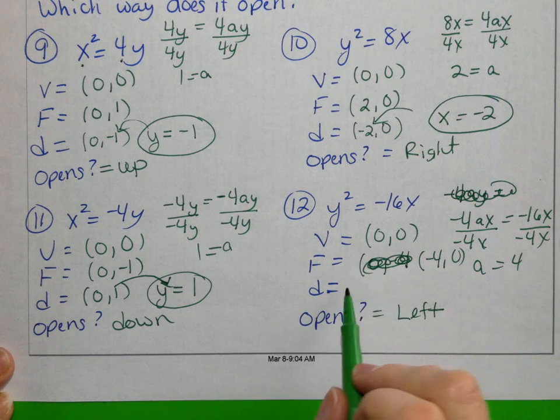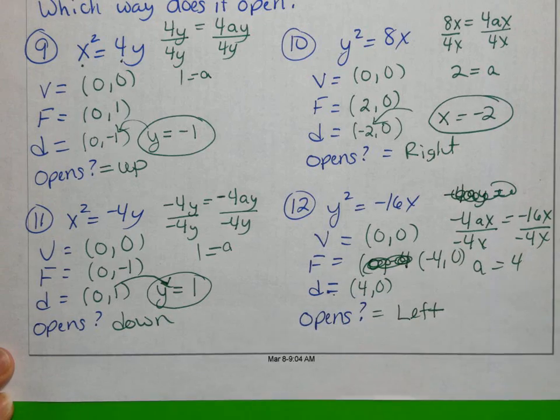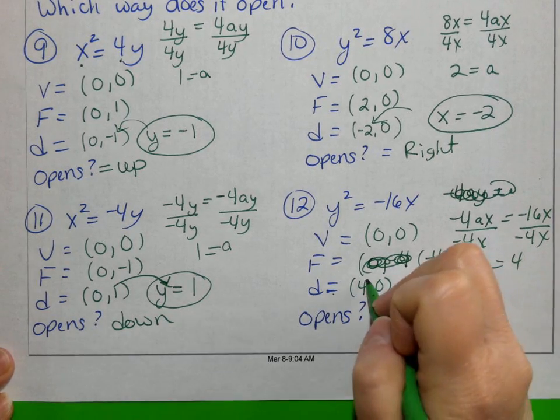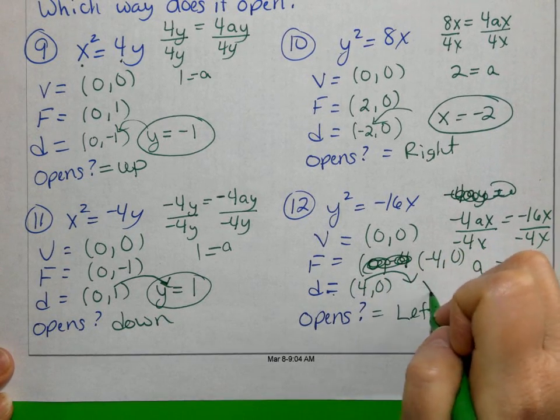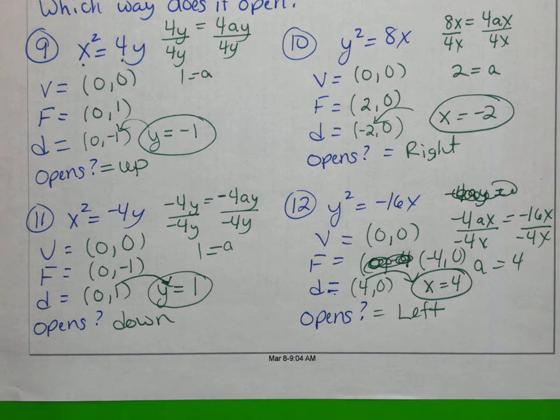So the directrix is 4 units to the right, at the point 4, 0. It's in the x position this time, so x is equal to 4. And that is how we do parabolas.